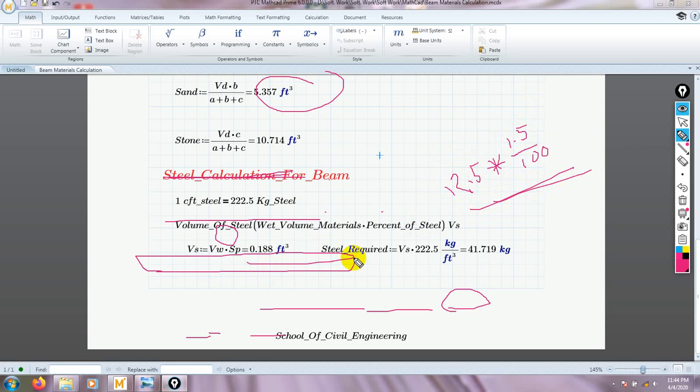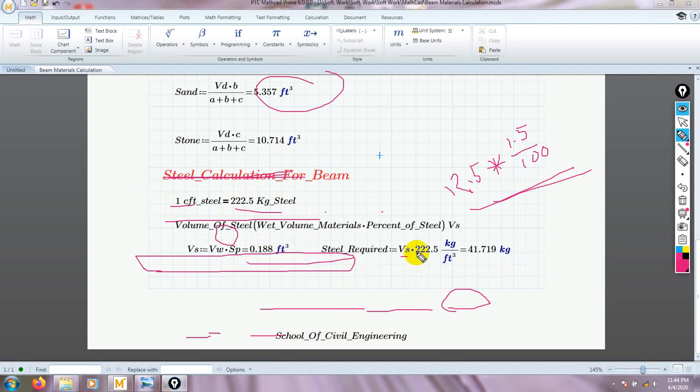0.188 feet cube. And we know that 1 CFT, I mean 1 feet cube, of steel is equal to 222.5 kg. So if we multiply that volume with that weight of steel, we'll find the required amount of steel.